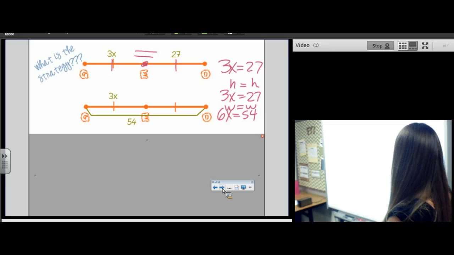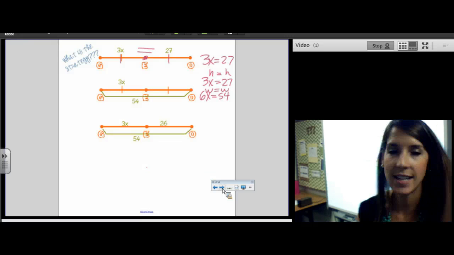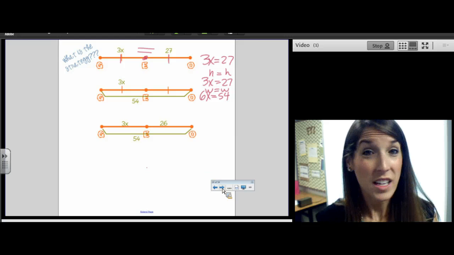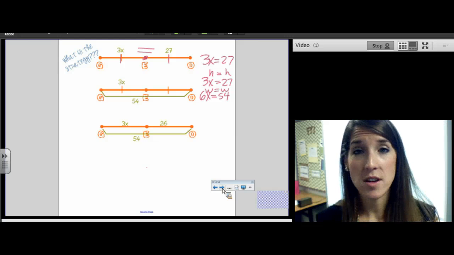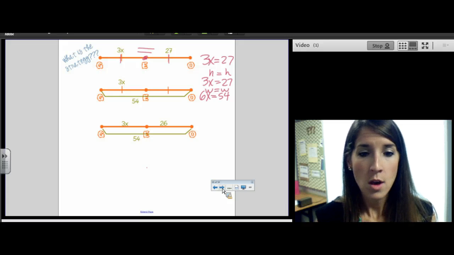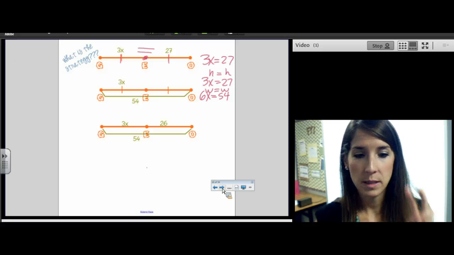Last example, last situation I could give you. This time is E a midpoint? No, because if you don't see tick marks, then you are not allowed to assume that that is a midpoint. So do not assume. So this is the example where we would use part plus part equals whole.